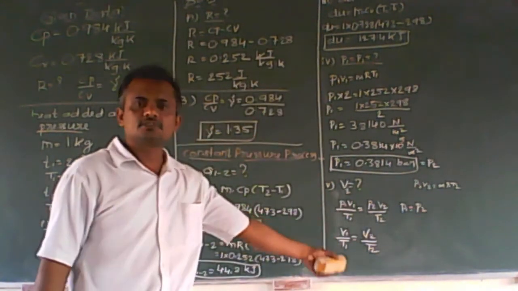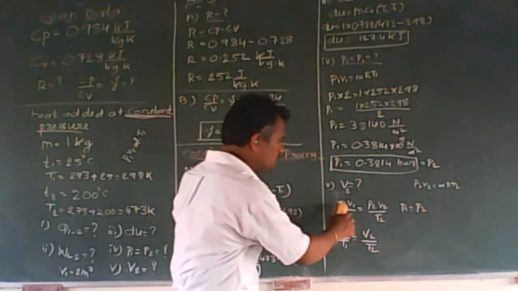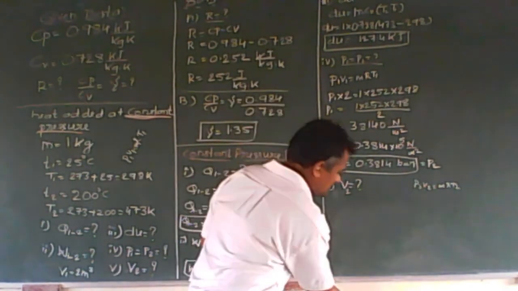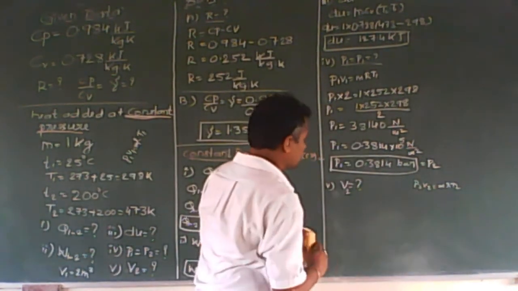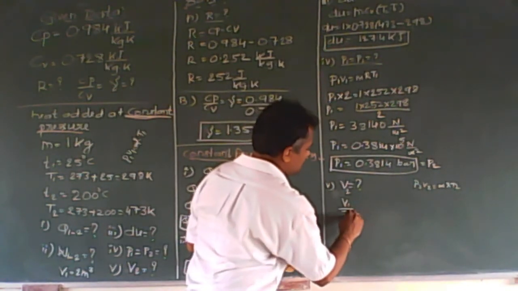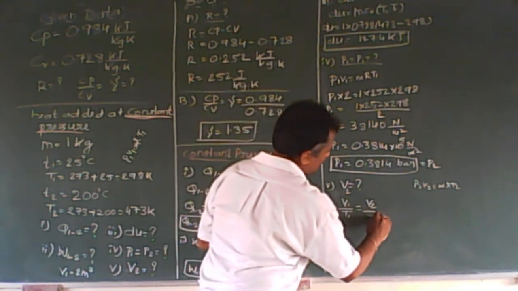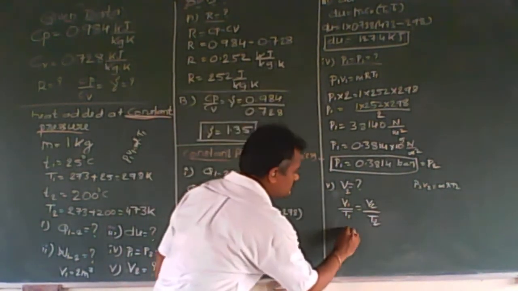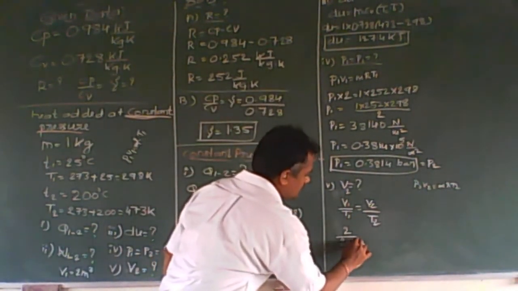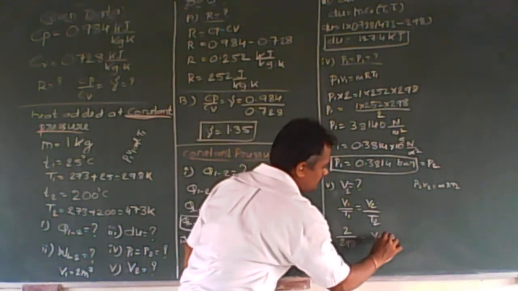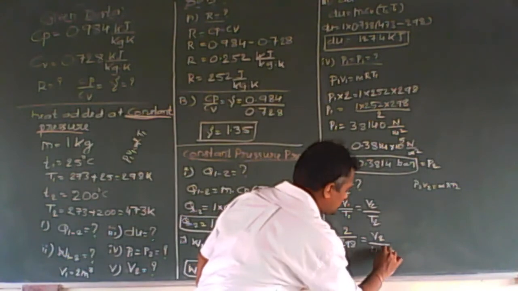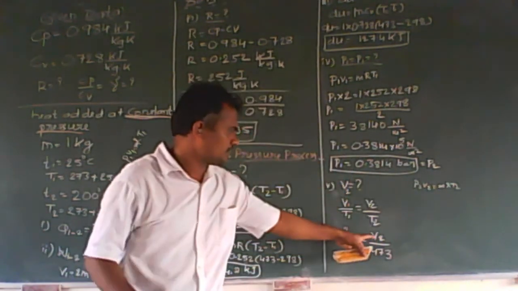So I can substitute the value of V1 as 2 upon 298 is equals to V2, unknown, divided by 473.